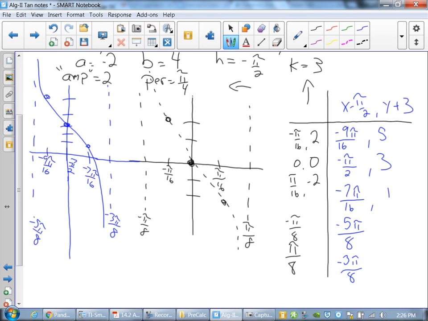Now, if you want, and some people do this, when you make your table, put your left asymptote, then your 3 points, and your right asymptote. That way you know where they're going to go if you put them in order that way. Why did you keep it on the bottom? It's the new line that it changes through.